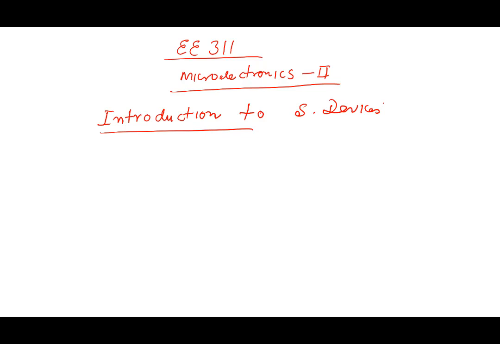How different devices function? Well, to some extent, the devices that we take up in this particular course are typically a diode, a BJT, depending on the time, and the MOSFET. These are the three devices that we take up, right?